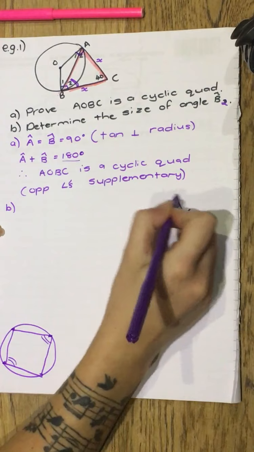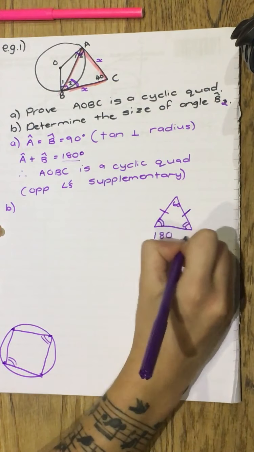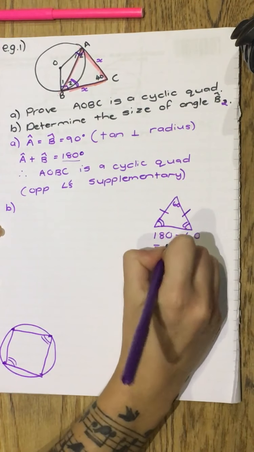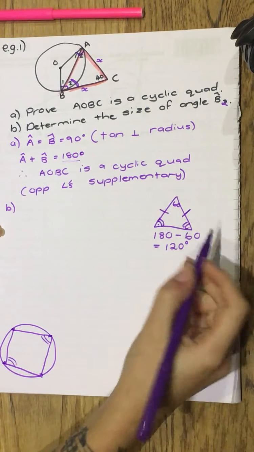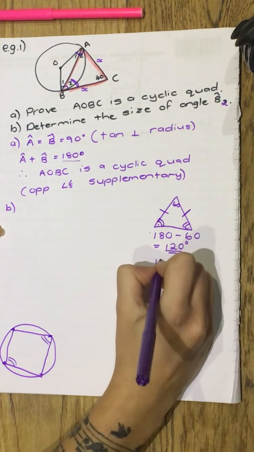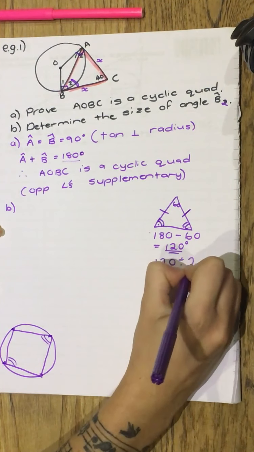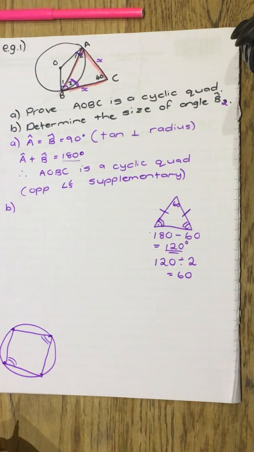And I know that the sum of angles of a triangle is 180. So if I say 180 minus 60, I get 120 degrees. So between these 2, they are equal and they add up to 120. So if I want each of those angles, all I have to do is say 120 divided by 2 gives me 60. So each of those would be 60 degrees.